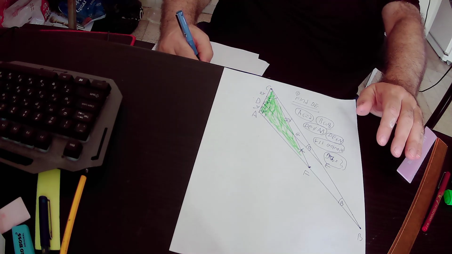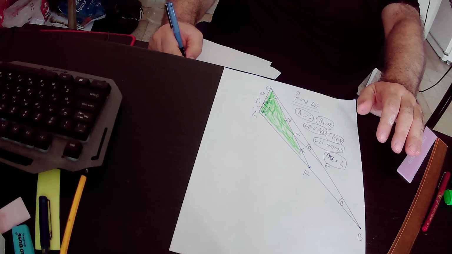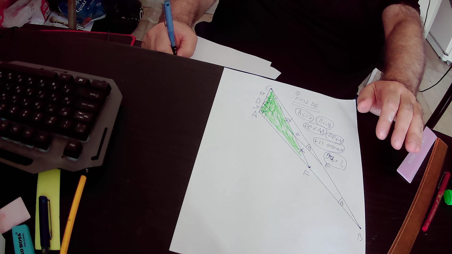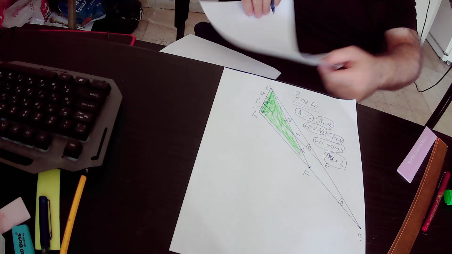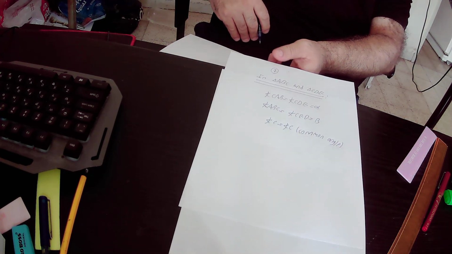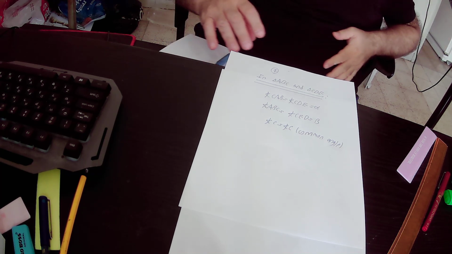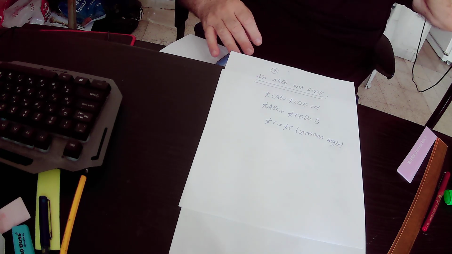So we can write down that angle C equals angle C. So we proved that the three angles of triangle ABC are equal to the three angles of triangle CDE.